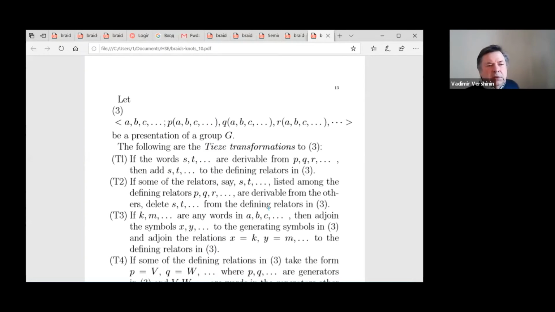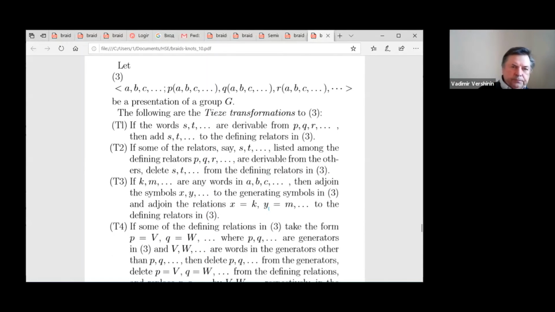Why did I write down this annoying stuff in detail? Because it corresponds to Reidemeister moves, like Reidemeister moves. So this is like an analog of Reidemeister moves for the algebraic context. So what essentially does the Tietze transformation mean for the presentation?